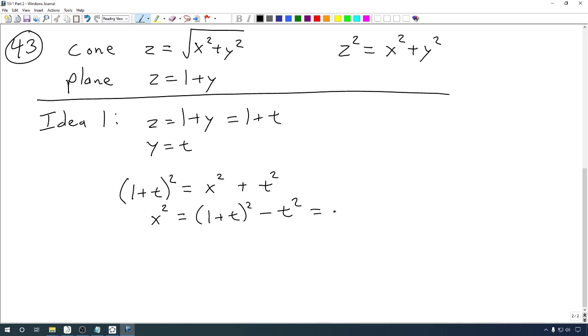So 1 plus t quantity squared is 1 plus 2t plus t squared. But then we have a minus t squared. So we can go ahead and cancel those two out and just get 1 plus 2t. And then we can go ahead and take the square root.